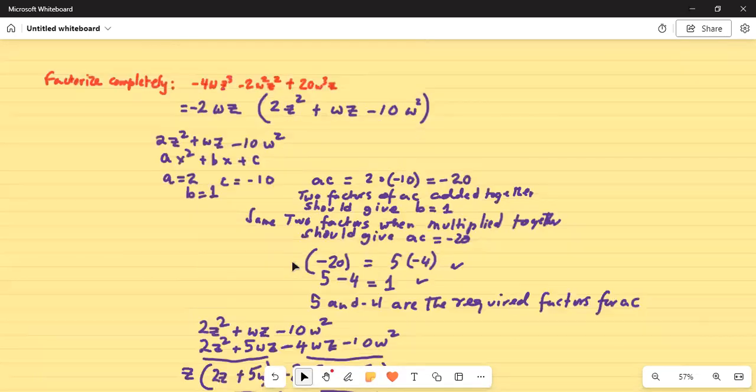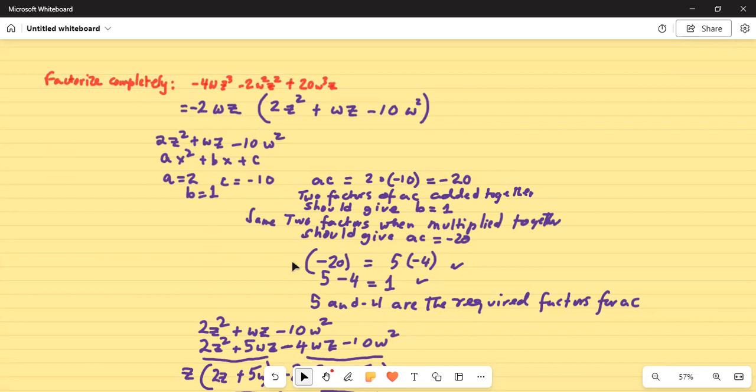If you look at the initial problem, this looks quite complicated, but you are looking for common factors between all three terms. And notice between -4, -2, and +20, the common factor is -2. Once you are done with -2, then you look for common factors of w.